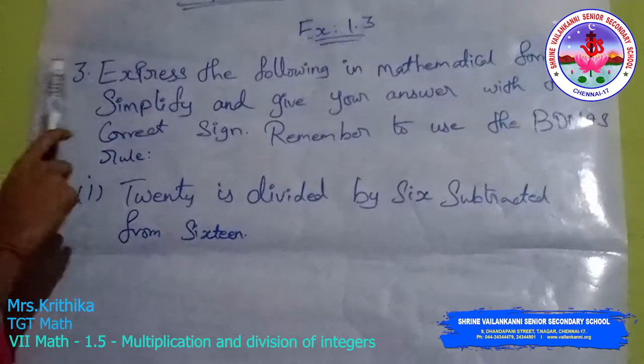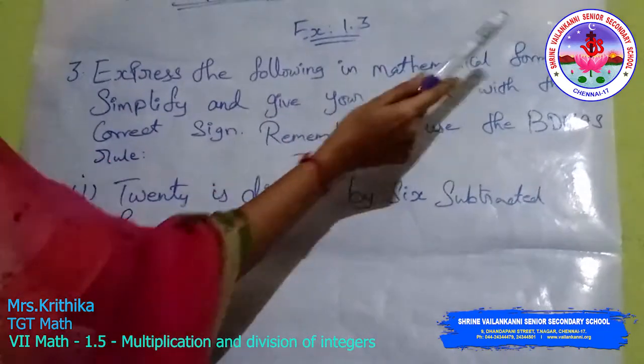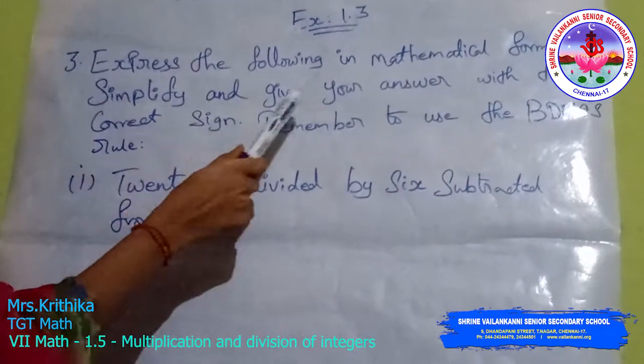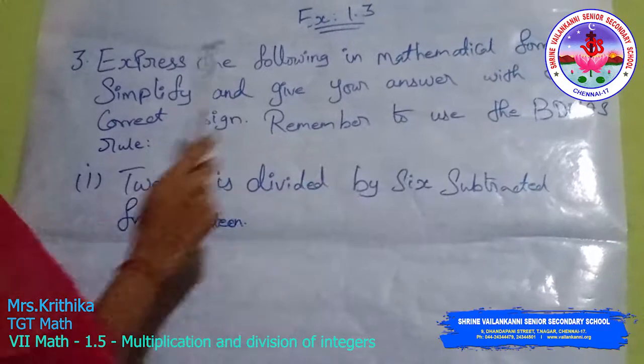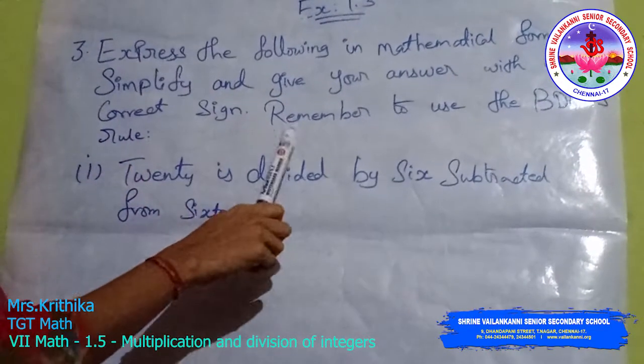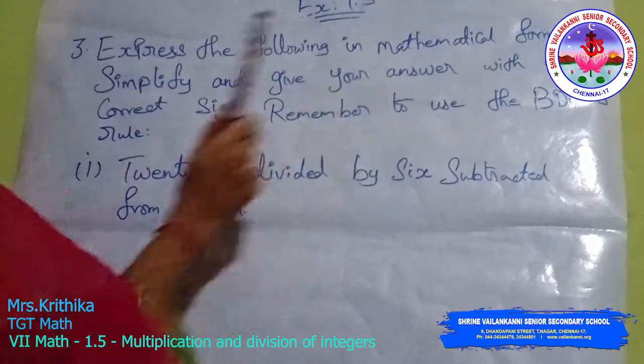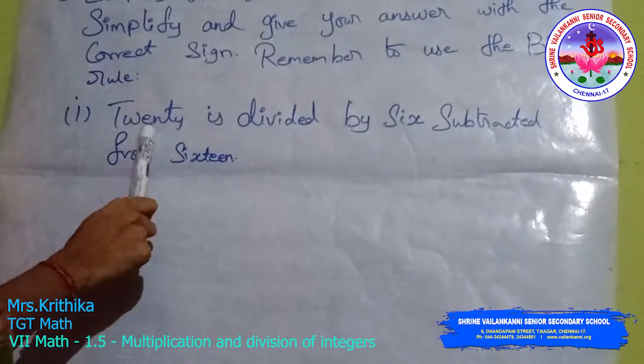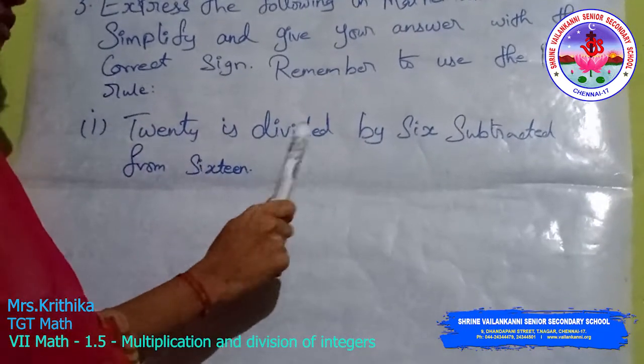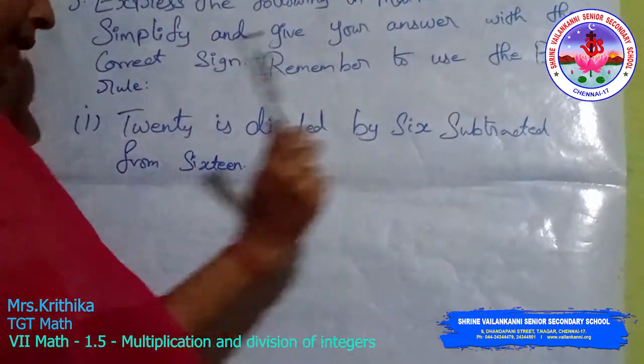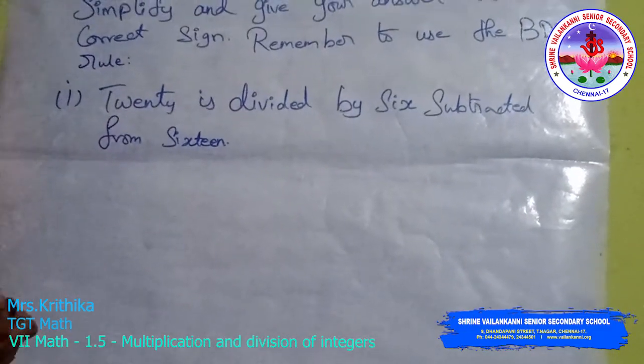Next, third question, express the following in mathematical form, simplify and give your answer with the correct sign. Remember to use the BODMAS rule. First question, 20 is divided by 6 subtracted from 16.